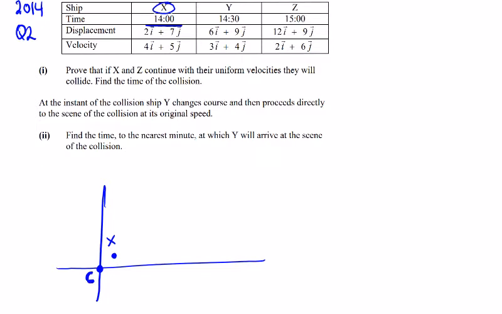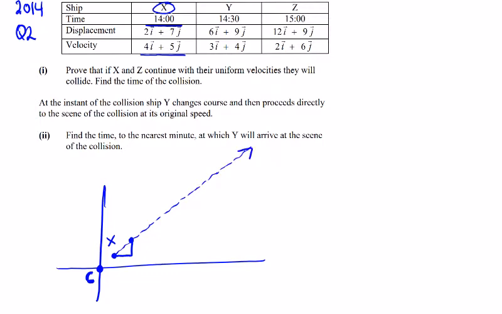In an hour's time, his velocity is 4i plus 5j. In 1 hour, he's going to go out 4 and up 5, and he's going to continue with this slope in a continuous motion in this direction until he runs out of fuel.